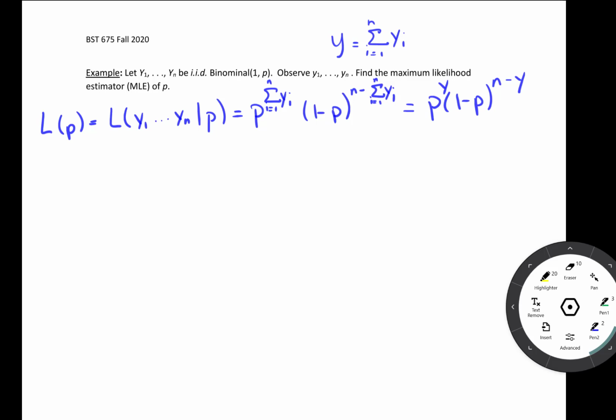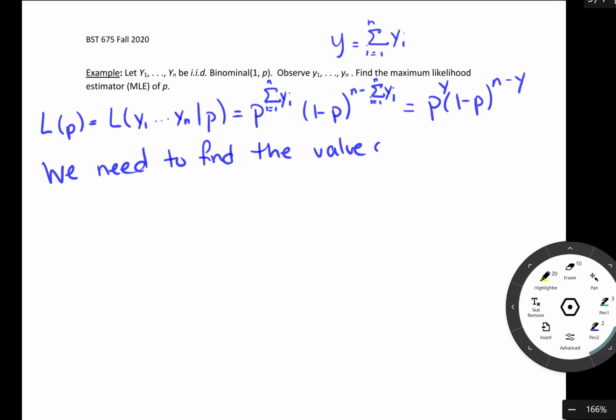So our goal here is we need to find the value of p which maximizes the likelihood.